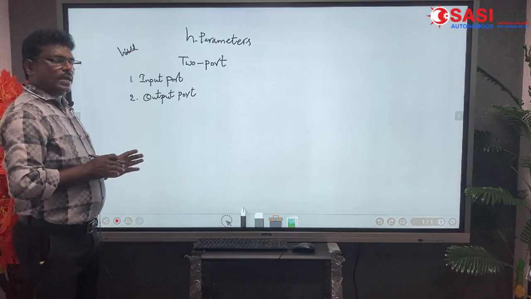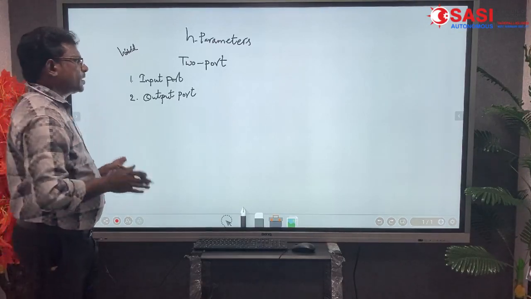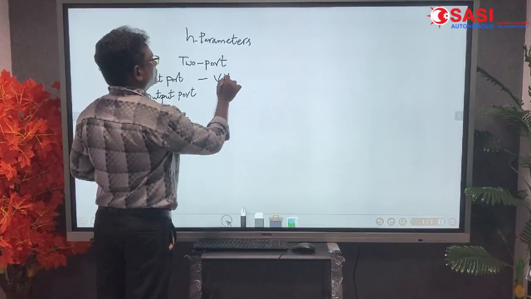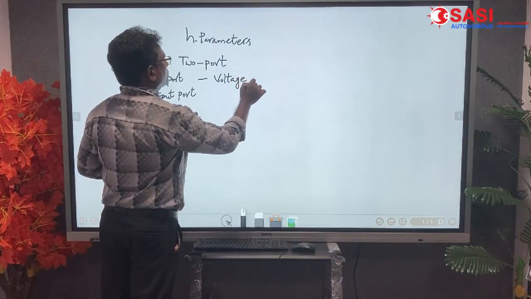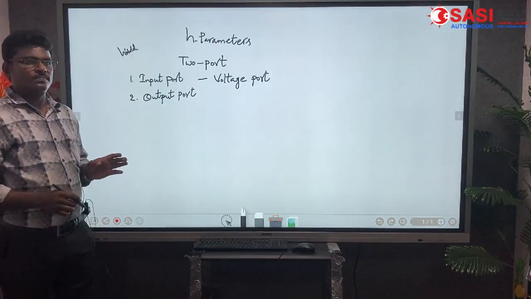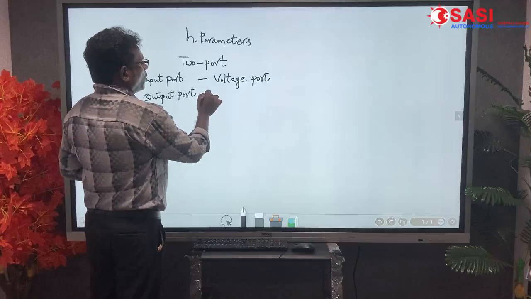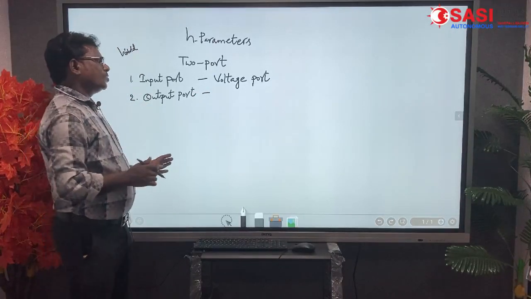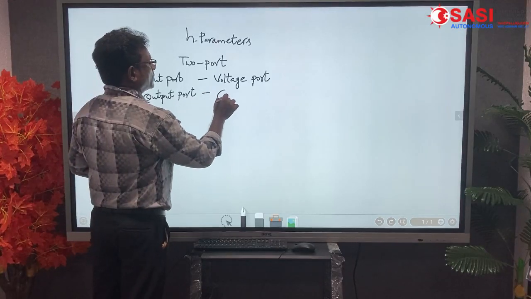The input port contains only the voltage parameter, so it is called the voltage port. The output port is completely a current source, so it is called the current port.